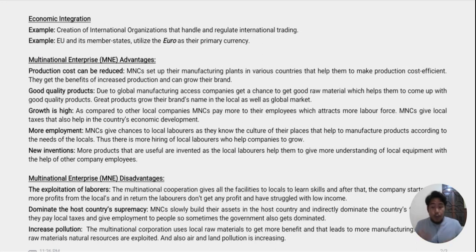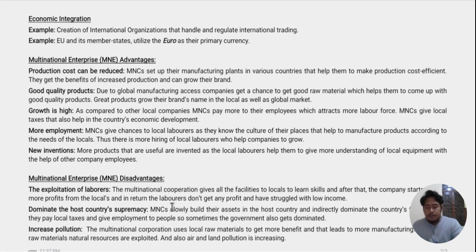Now, while there are advantages to having them, there are also disadvantages. Now, first one is the exploitation of laborers.